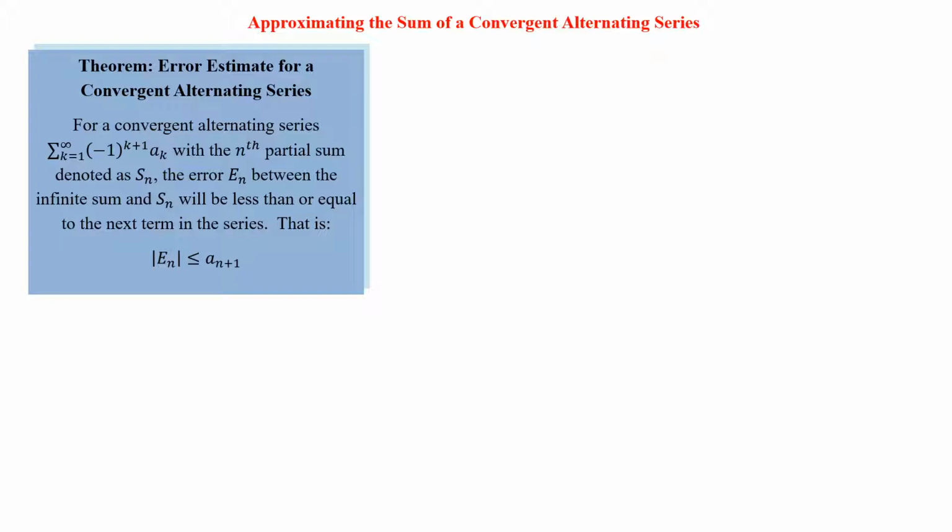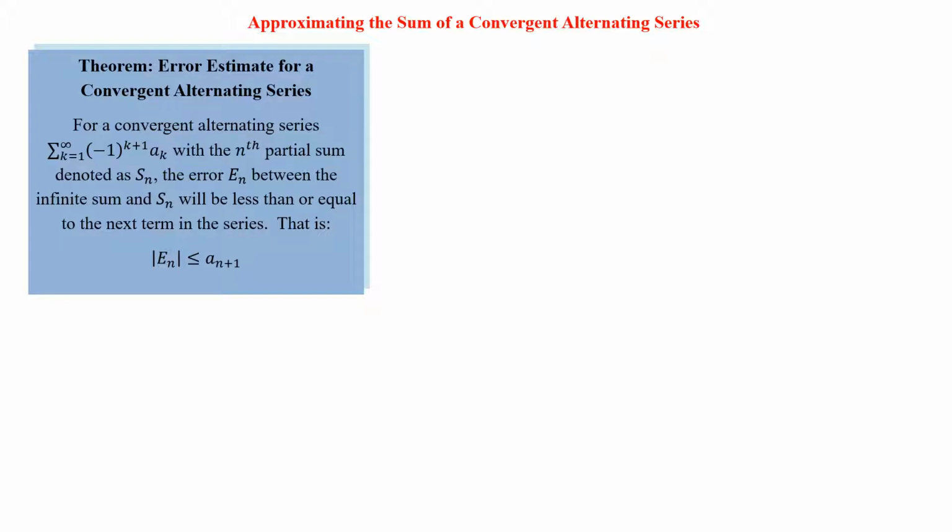What this is saying is that the error between the third partial sum and the overall sum is going to be less than the fourth term. It's less than the next term, whatever it is. So if we took the sixth partial sum, the error between that and the sum will be less than the seventh term, not the seventh partial sum, the seventh term.